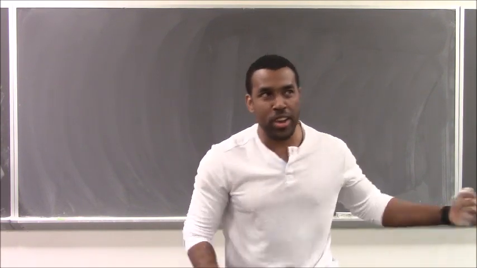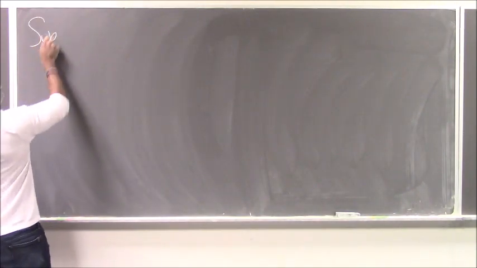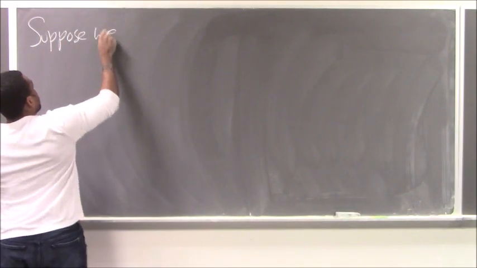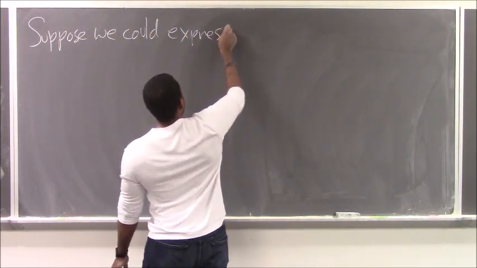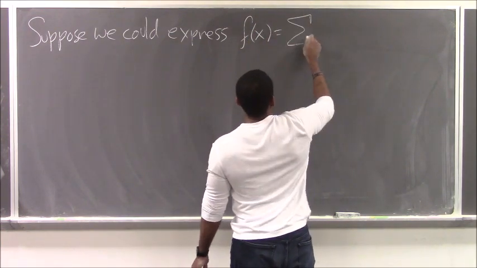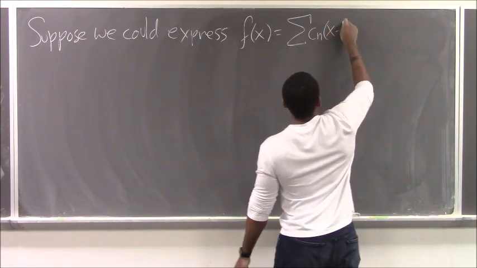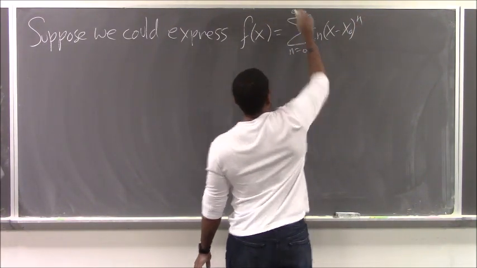And that way you can figure out a method to get to the answer. That's what we're going to do. Suppose we could express f of x as a power series, which, by definition, is what that looked like last time.